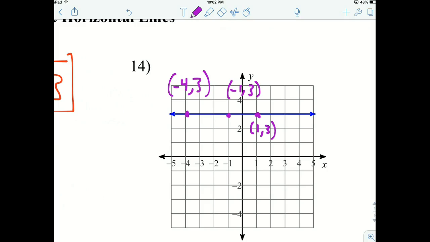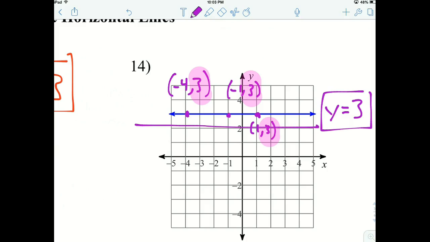What you're noticing once again is that this time the y values are the ones that don't change. So our equation is simply y equals 3, because the y value is always 3 on this line. If this line were going across the 2 like this, then it would be y equals 2.